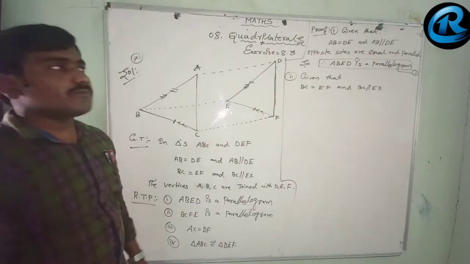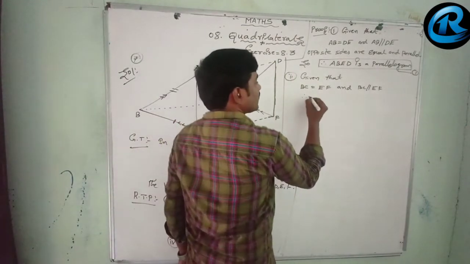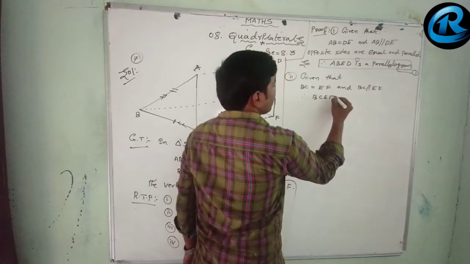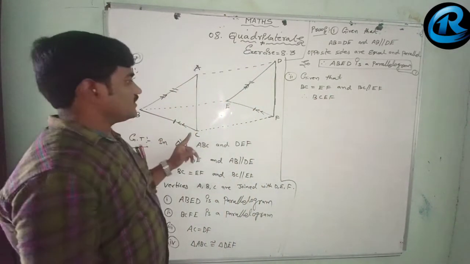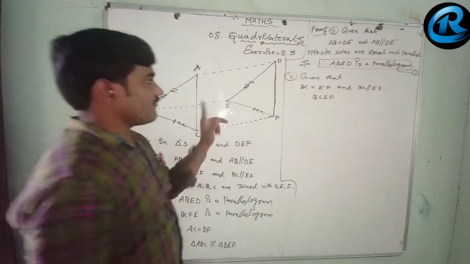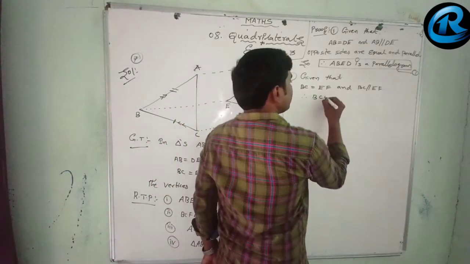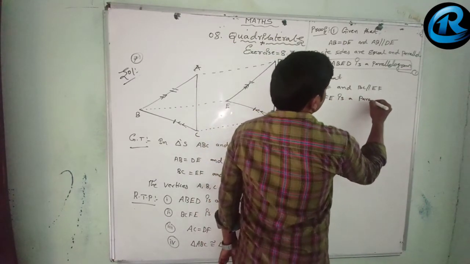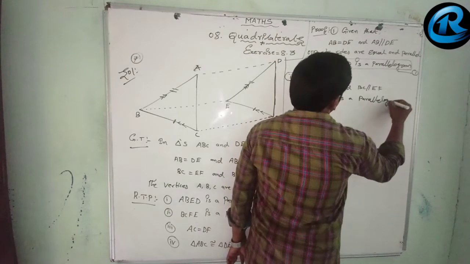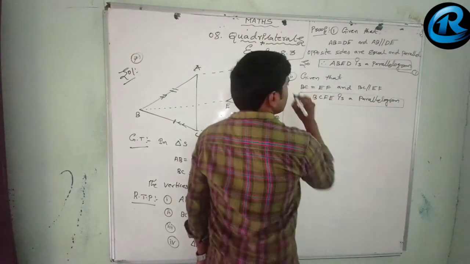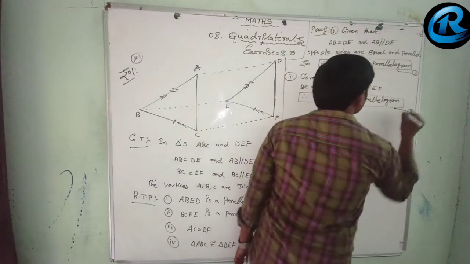Opposite sides are equal and parallel, no? So hence we can write, therefore BCFE is a parallelogram. BCFE is also a parallelogram. This is equation number 2.